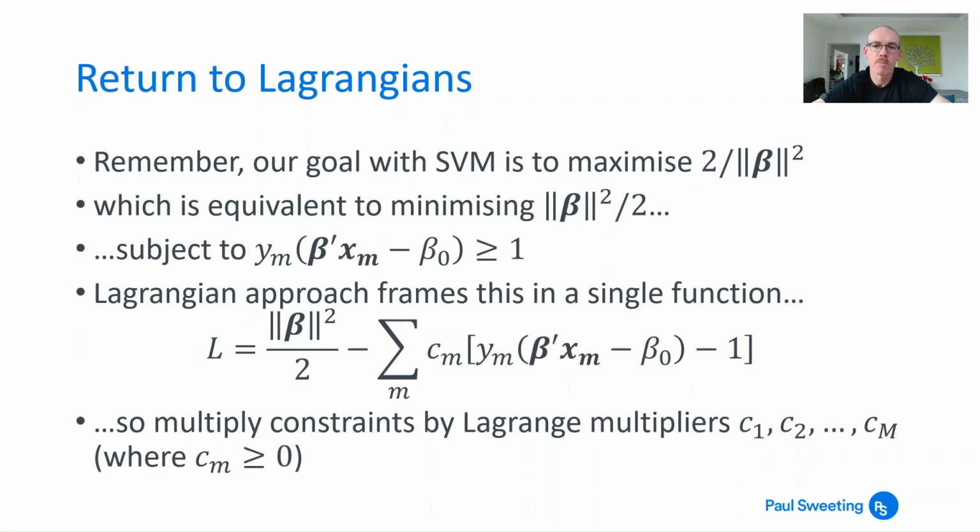And remember, the Lagrangian approach frames this in a single function as L equals the norm of beta squared over 2 minus the sum of cm times that function, so what you're actually doing is multiplying the constraints by those Lagrangian multipliers, c1 all the way up to cm, where cm is greater than or equal to 0.